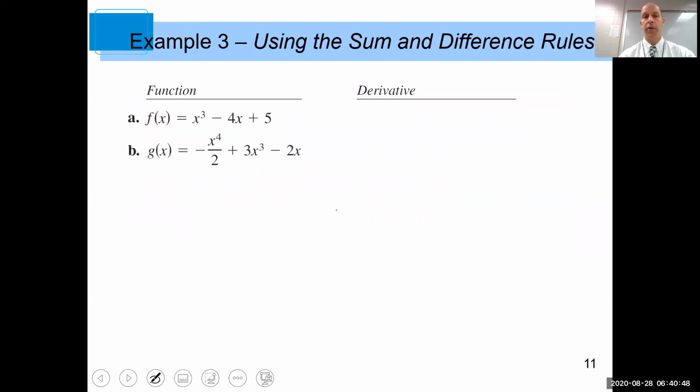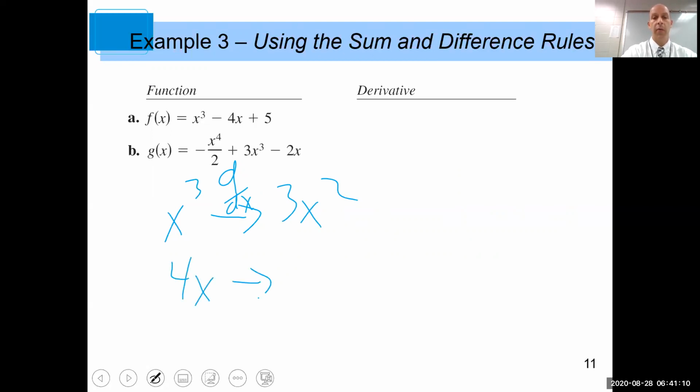So here are some examples. When you look at this x cubed minus 4x plus 5, you might start trying to think about how you're going to use the power rule. You're just going to use the power rule in each individual case. So that x to the third, when you do the derivative of that, that's going to become 3x squared. That 4x, what's that going to become when we do the derivative?